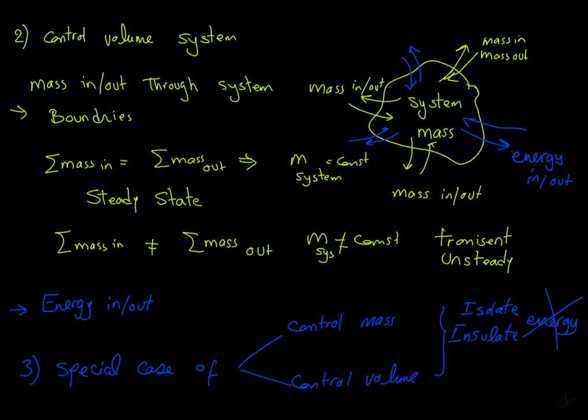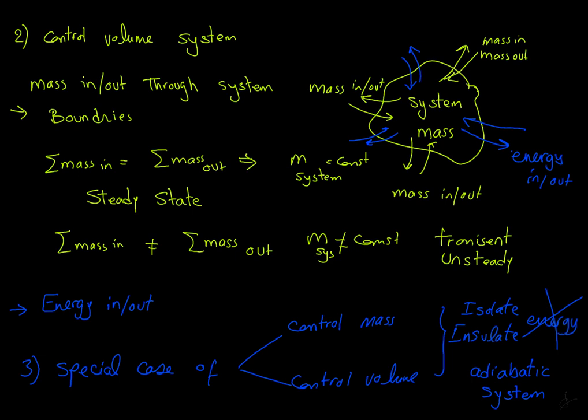In the control mass system, mass is not allowed to change and remains constant, but energy was allowed. But if I stop energy from transferring through the boundaries of that system, this means your system is no longer called control mass. We call that an adiabatic system. So an adiabatic system could be a control mass system or a control volume system when the energy is no longer allowed to cross the boundaries of that system, in addition to the other characteristics related to the mass itself.